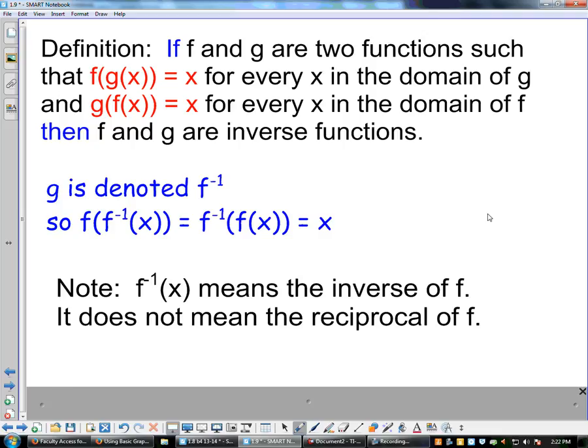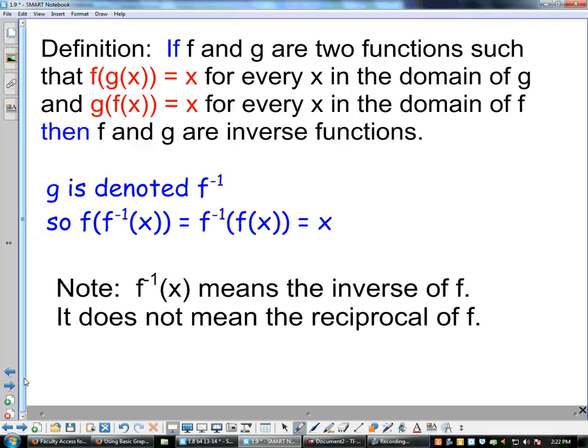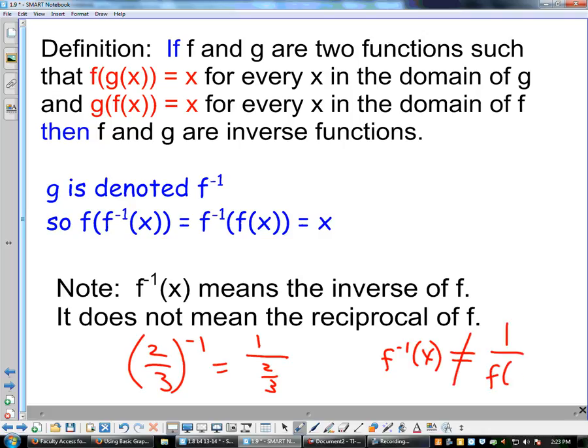All right, it's just a notational device as opposed to when we have something like, let me use a fraction instead. If we have something like 2/3 raised to the negative 1, isn't that the same as 1 over 2/3? Yes. But that's not the case with functions. F inverse of x is not equal to 1 over the original function. Does that make sense? Yes. All right?